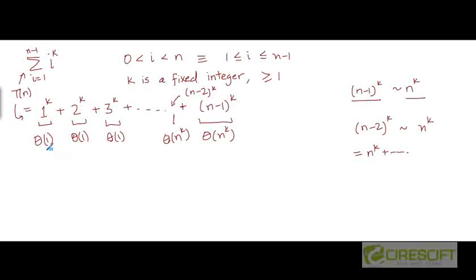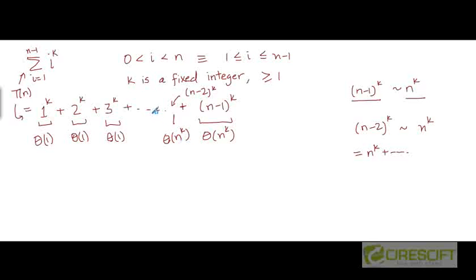Do we expect it to be theta of 1? Obviously not, because these terms are going to dominate over these constants. But do we expect the complexity to be theta of n to the power k? Well, it depends on how many of these terms have that complexity of n to the power k.